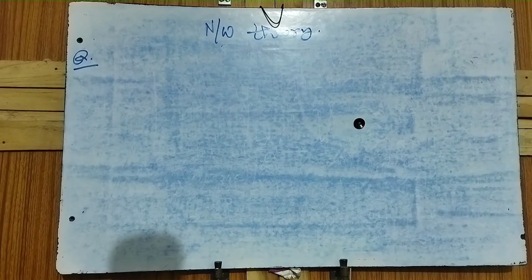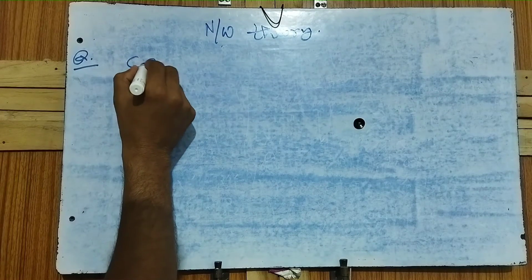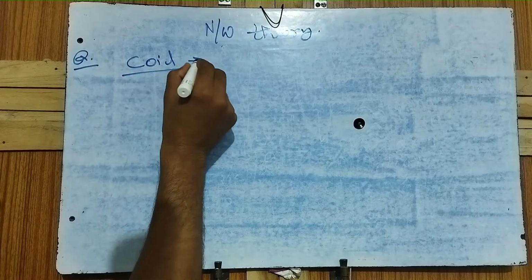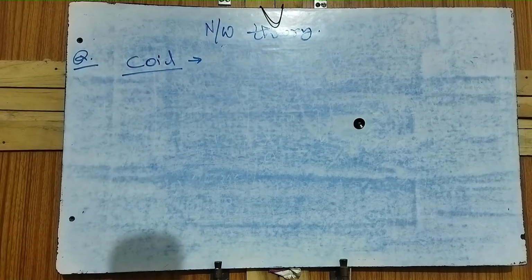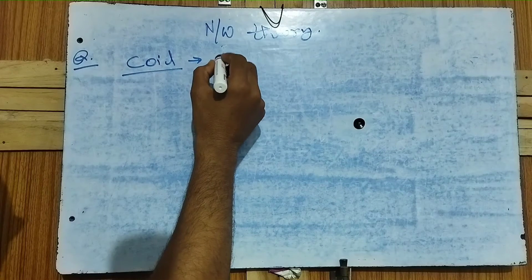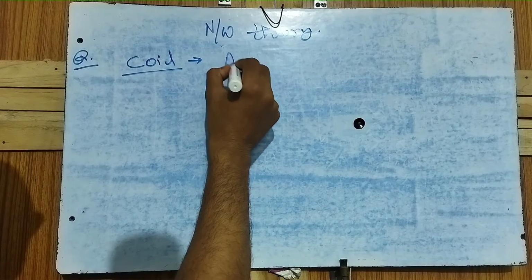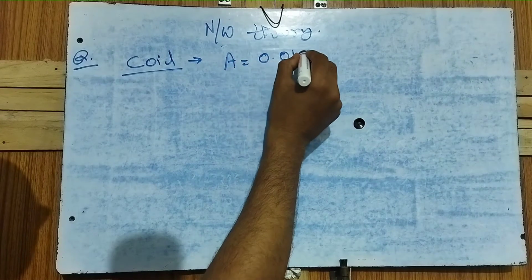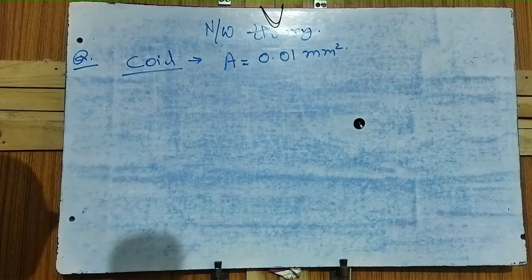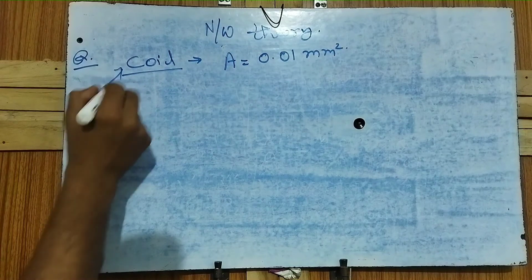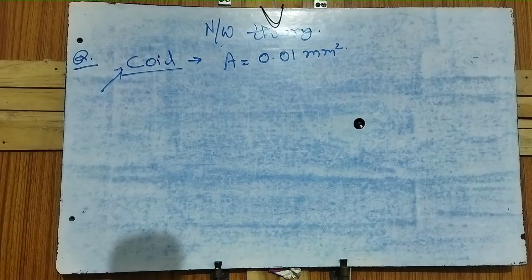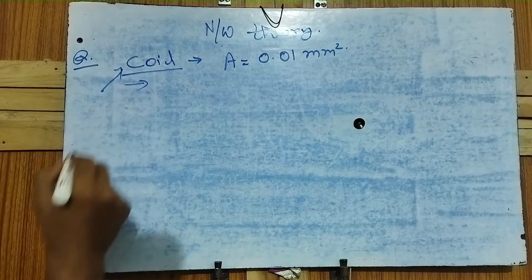If a coil, the wire in the coil, the area of the cross section of the wire A is 0.01 millimeter square. So we are making a coil, right? How will the wire be wound on the core, right?